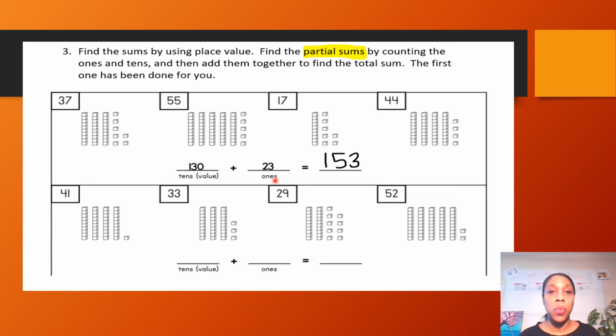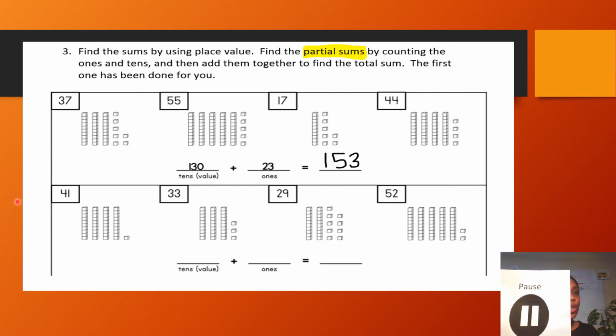And 23 ones equals 23. So next I would add 130 plus 23 to come up with a sum of 153. 153 is my sum. Now I want you to press pause, please. And I want you to try the next one on your own.